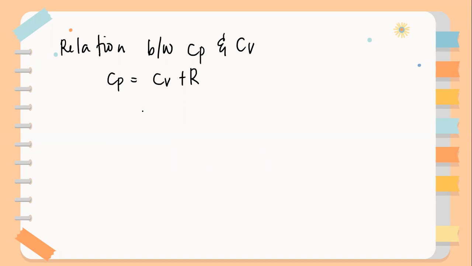Or Cv is equal to R over (k minus 1). And Cp is also equal to kR over (k minus 1).